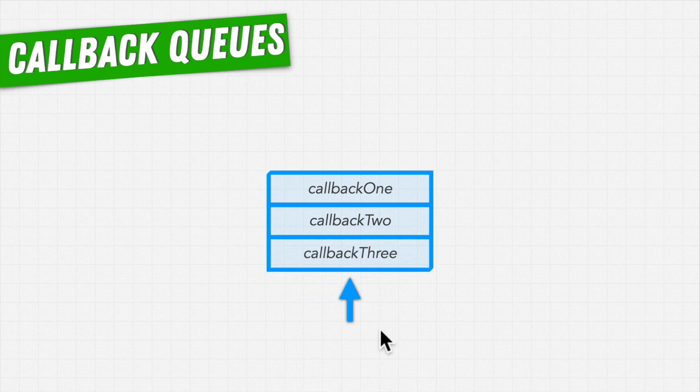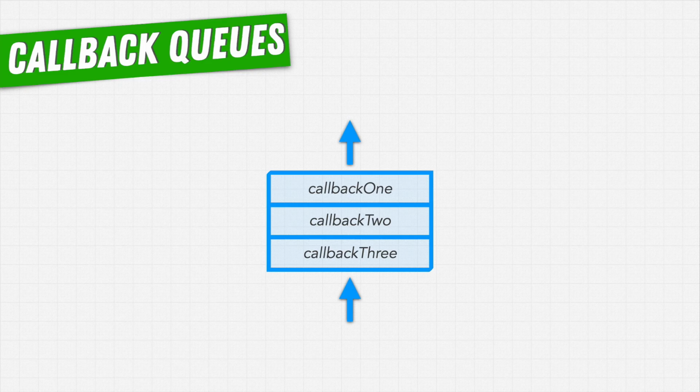So new callbacks are added in this direction from the bottom, and they're removed from the queue. They're executed from the top in this order, with callback1 being executed before callback2.